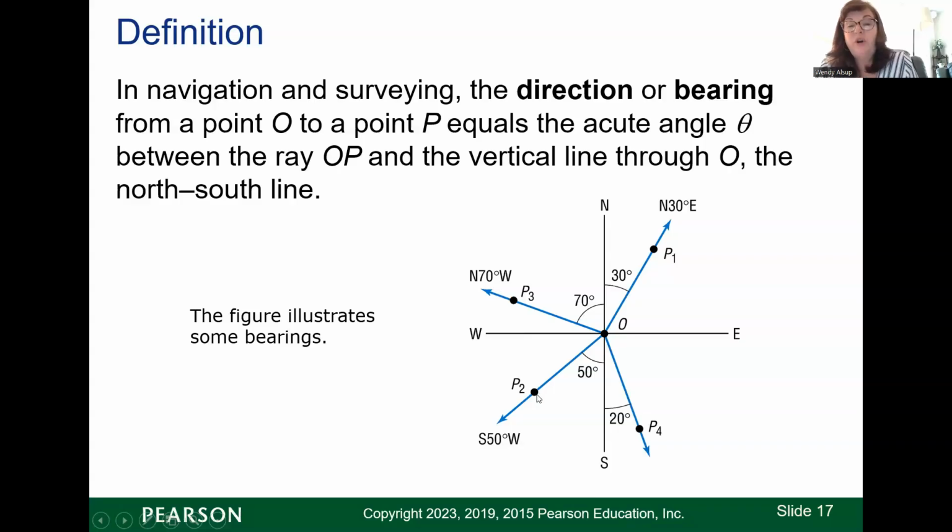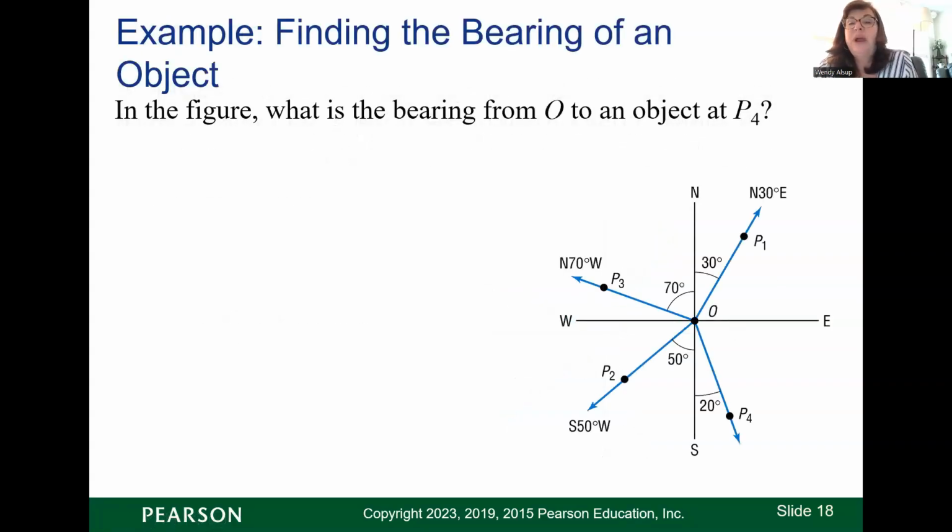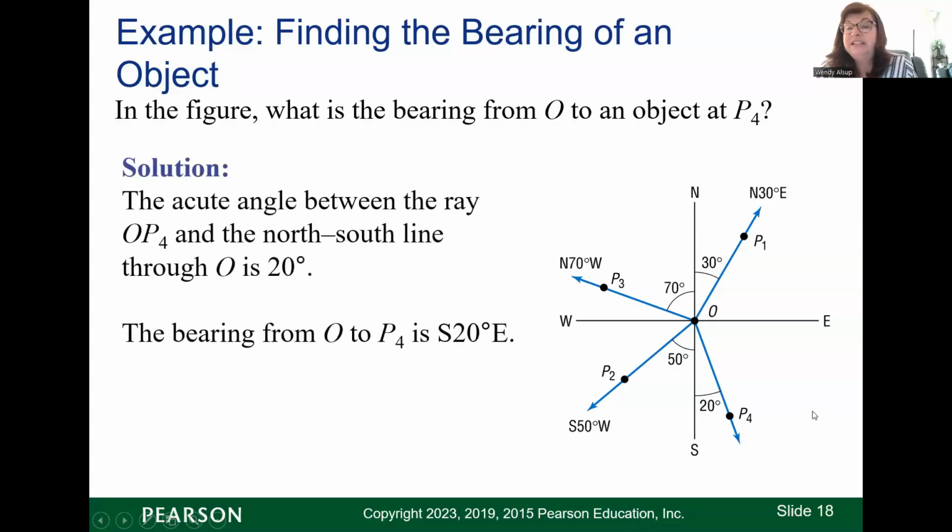P2, we're in the southwest quadrant, so this will be south 50 degrees west. What is the bearing from O to P4, down here? This is in the southeast quadrant, so it's south 20 degrees east.